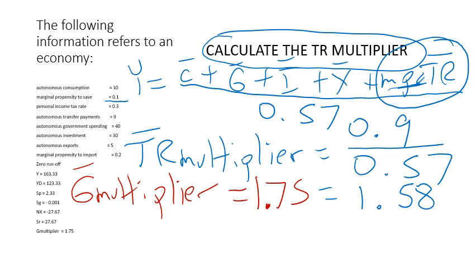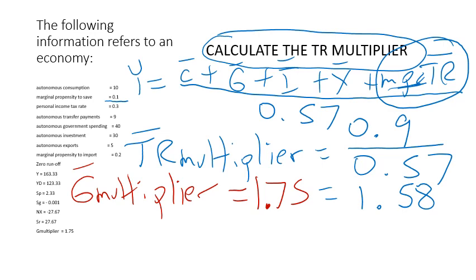In other words, should fiscal policy be an increase in government spending, or should fiscal policy entail an increase in transfer payments? Well, there are two lines of reasoning here.